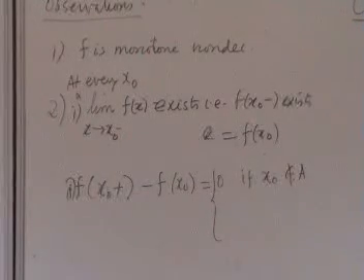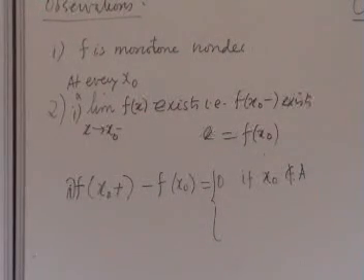So the jump is 0 if x naught does not belong to A. What does that mean? It must be a point of continuity. The function must be continuous because the only type of discontinuity is a jump. There is no jump, therefore it must be a point of continuity. So at all points outside A, it is continuous.